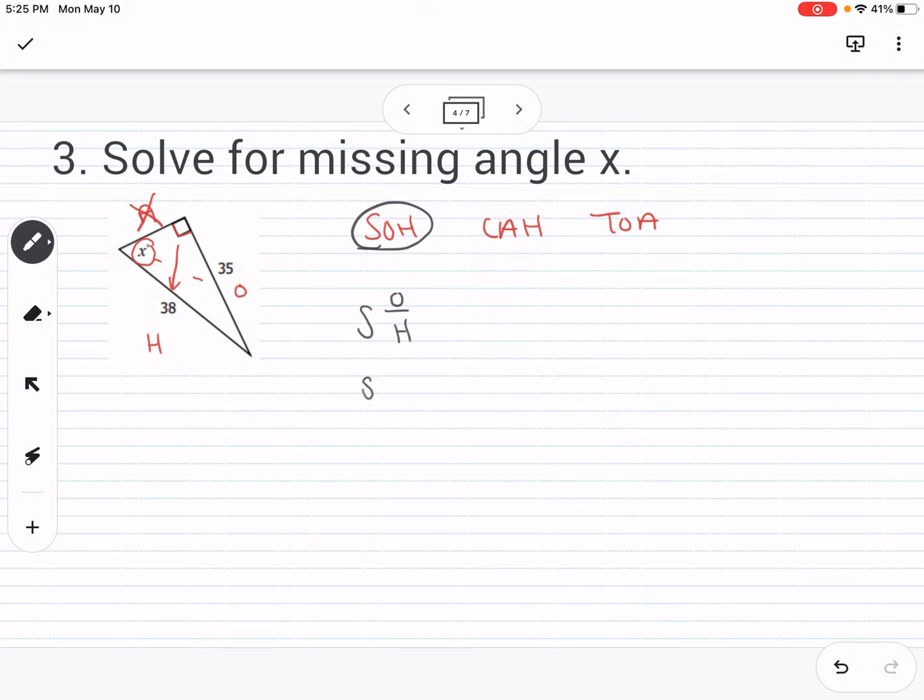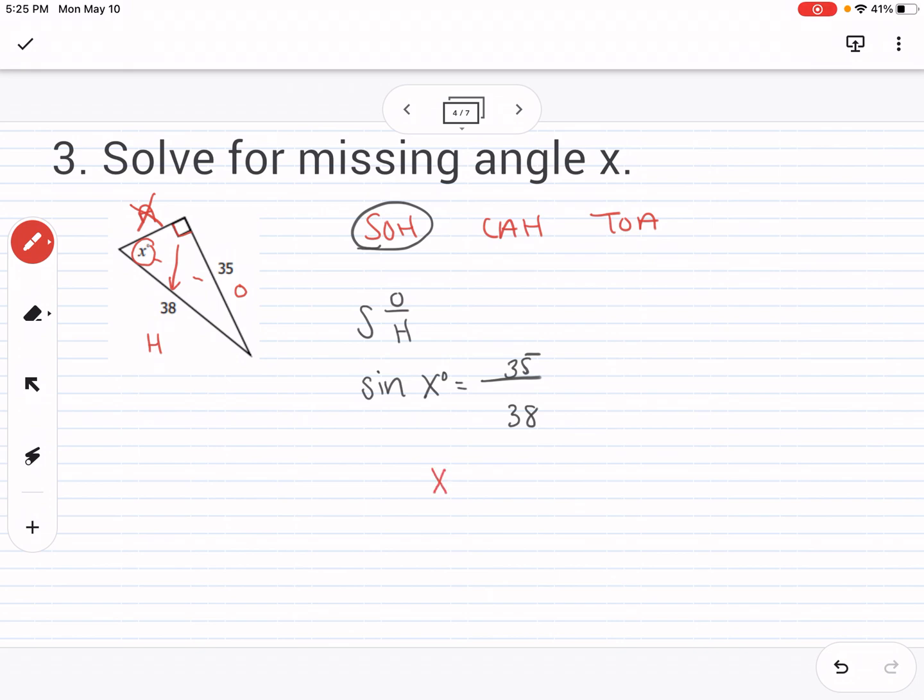The S stands for sine. This time our angle was X, and our O was 35 and H was 38 in the picture. This one's different because X is not on the top or bottom of the fraction. It's on the opposite side, so we're not going to multiply or divide. Usually when you're solving for a missing angle, you're going to use the opposite of sine, cos, or tan.